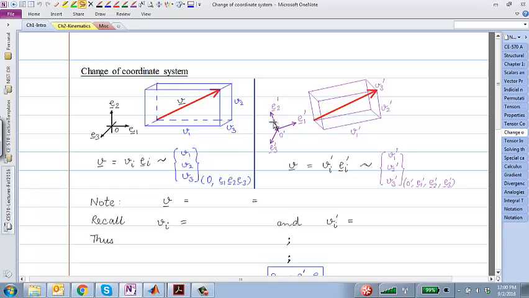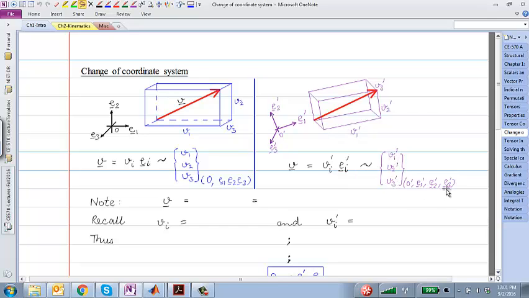So I would like you to note that this arrow, this vector, with magnitude and direction, does not depend upon the coordinate system. If I pick a coordinate system, it gives me 3 numbers with respect to that particular coordinate system. Exactly the same arrow, but in a different coordinate system, gives me 3 different components, v1 prime, v2 prime, v3 prime.